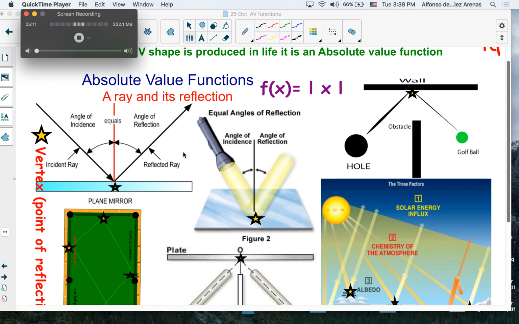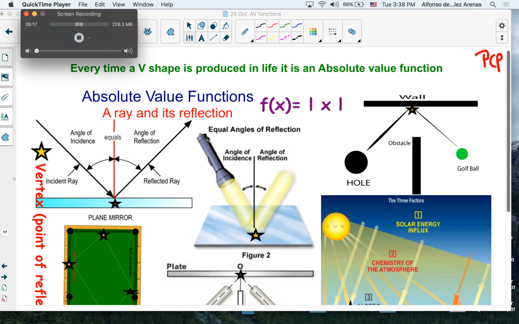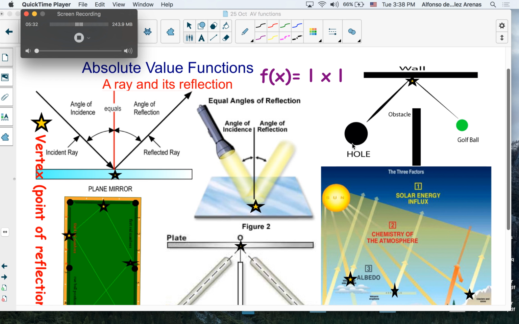And the new topic today is this. It's an absolute value function. Absolute value functions are like every process in life that produces a V shape, like here, like a beam of light that is reflected on this mirror. You can reflect the beam of light and it will be producing this V shape, okay? Or maybe when hitting this ball and then it bounces on this wall and produces a V shape.